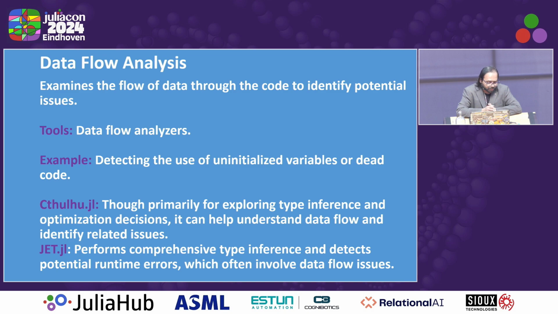You have this library here, Cthulhu.jl, though it is primarily for exploring type inference and optimization decisions. It can help understand data flow and identify related issues. And you can also use JET.jl here, which performs comprehensive type inference and detects potential runtime errors, which often involve data flow issues.